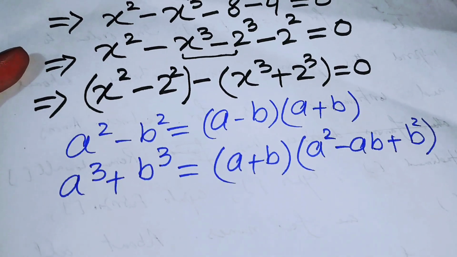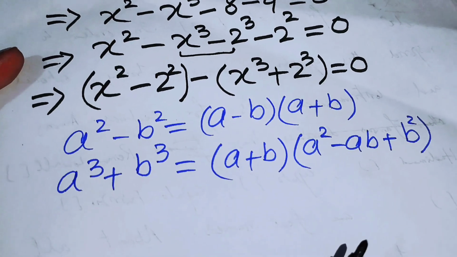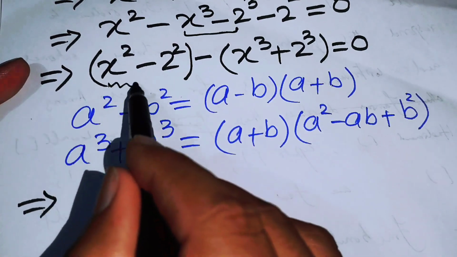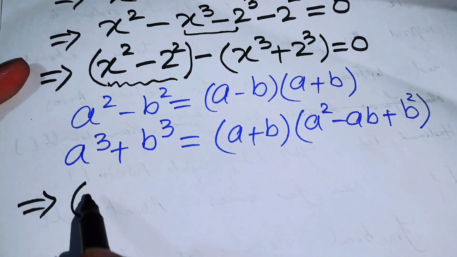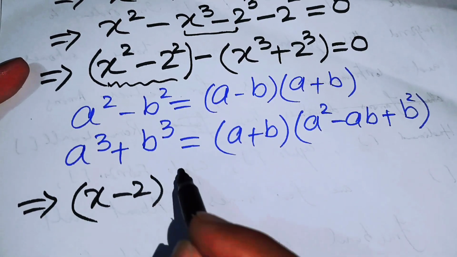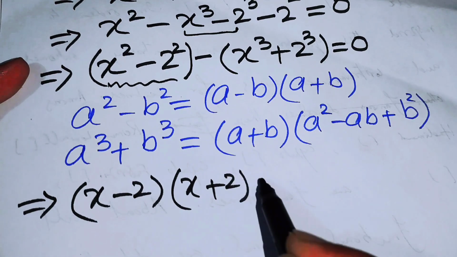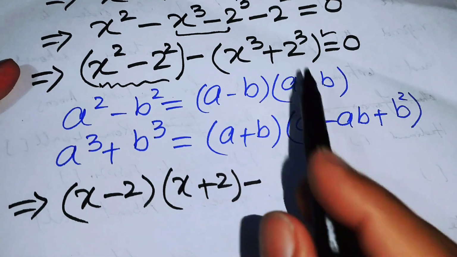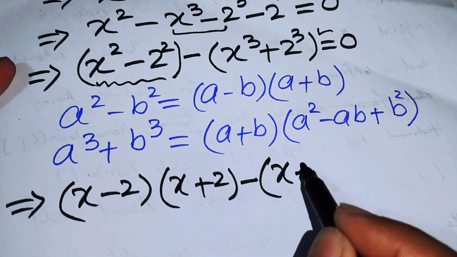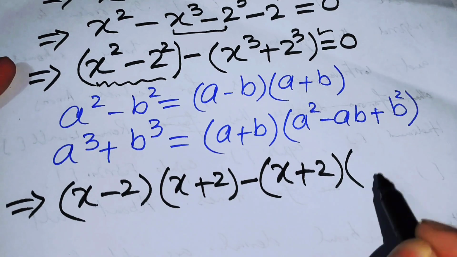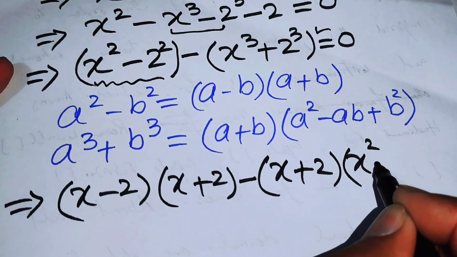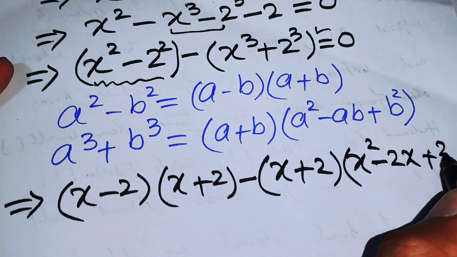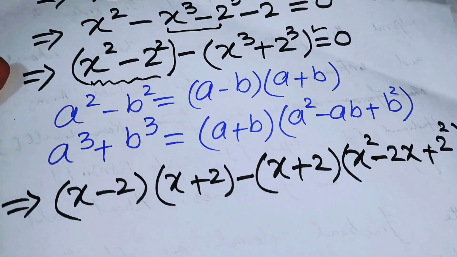Now we will use these two formulas. First I can apply the square formula, so this term will be written as x minus 2 times x plus 2, and this is minus, and we can apply the cubic formula in this term so that it will be written as x plus 2 times x squared minus 2x plus 2 squared.